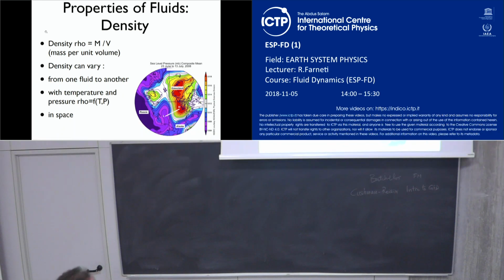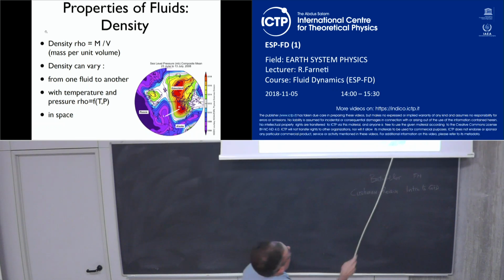And density varies, obviously, from one fluid to the other, but also density varies with temperature, with pressure, so for example with height. One thing that, for example, in the atmosphere, you look at a lot is the sea level pressure. This is a map of sea level pressure observations. So at sea level, what is the pressure?